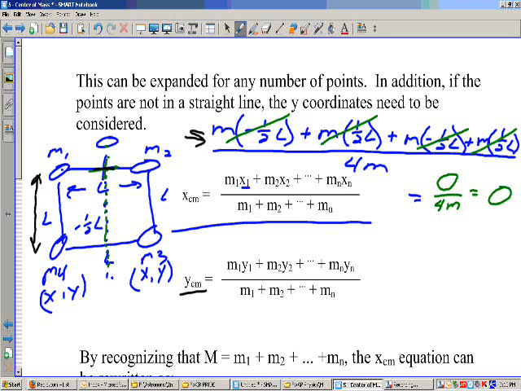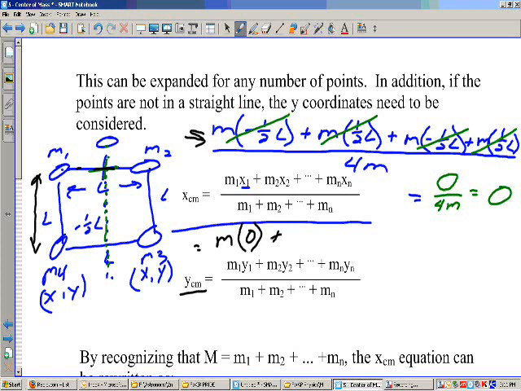How far in the y direction from my reference origin is each mass? So let's start it off. We've got mass 1, which is a 0 distance in the y direction from my origin point. So I'm going to put 0 here.